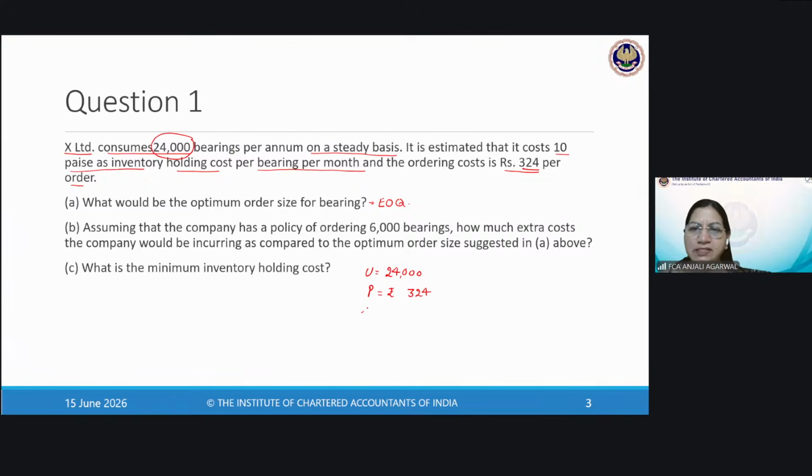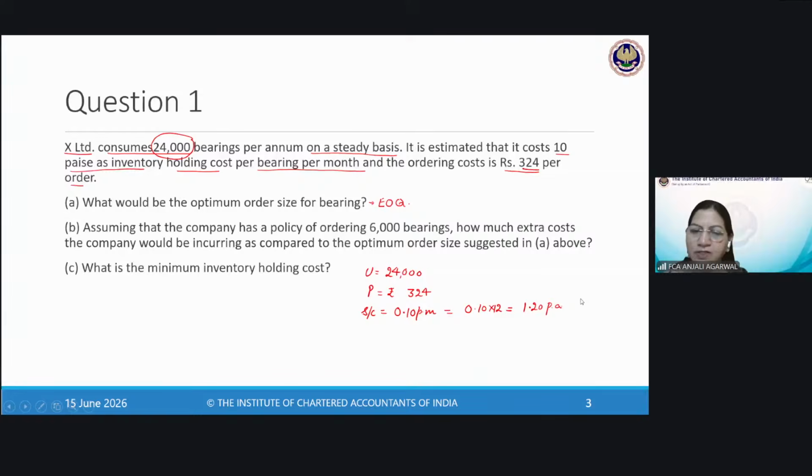And what is S or storage or carrying cost? It is 10 paisa per bearing per month. So if it is 0.10 per month per bearing, it will become 0.10 into 12, 1.20 per annum.